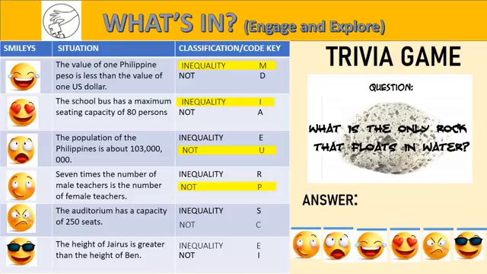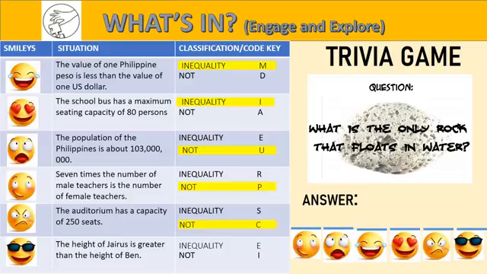For situation number 5, the auditorium has a capacity of 250 seats. So what is it? Is it an inequality or not? Yes, you are correct. It is not an inequality.